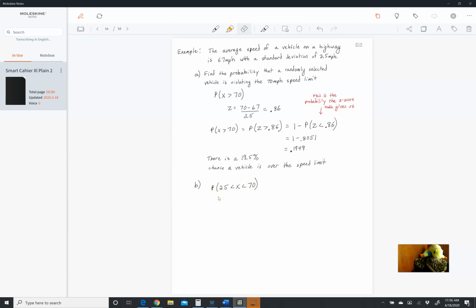We did this already in the last lecture. If we want to know what percentage of cars fall in some interval we're just making up, here's what the z-score tells us.